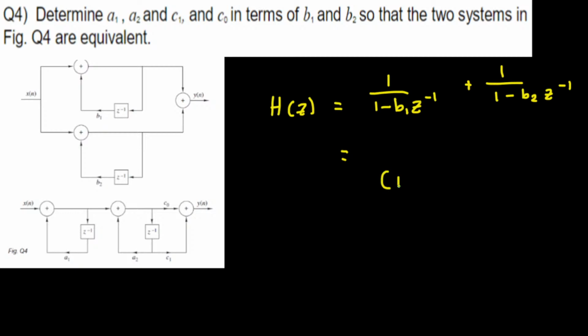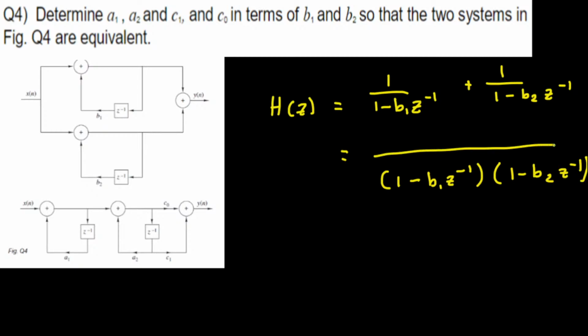We have to take both of them because both of them are different. So we are going to have 1 minus b1 z power minus 1 multiplied by 1 minus b2 z power minus 1. And in the numerator we have to multiply this one by this one, and this one by this one.